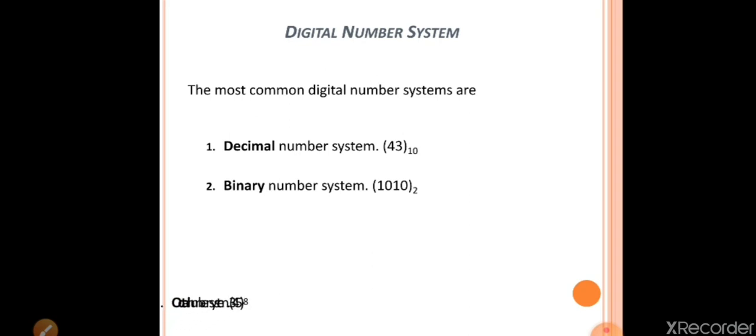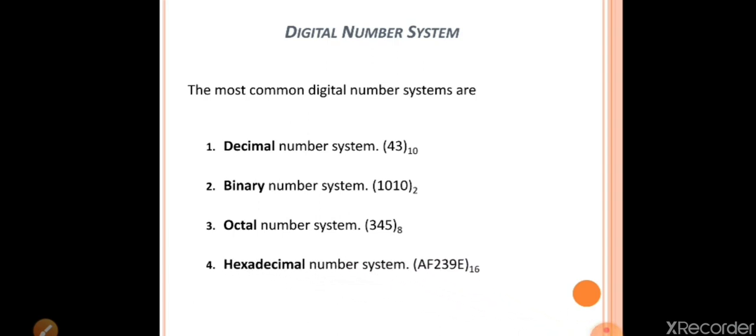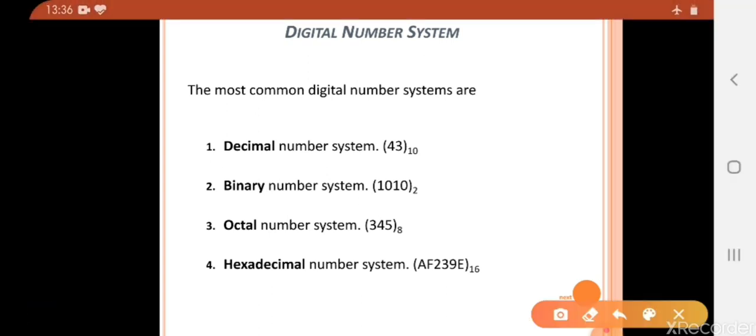The most common are the decimal number system, binary number system, octal number system, and hexadecimal number system. In the slide you also see the decimal number system, 43. It has a base 10.